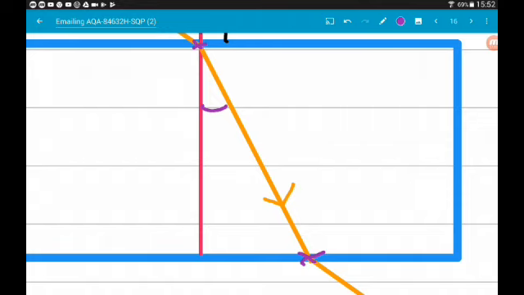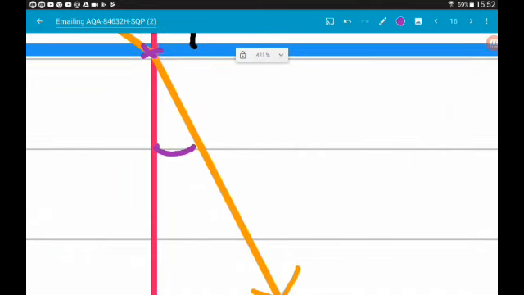From that, we can then measure our angle of refraction between the normal and the refracted beam. So, to obtain the data in the table, we could repeat that process with different angles of incidence.